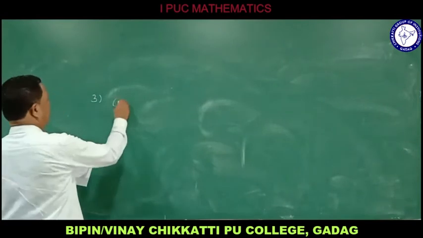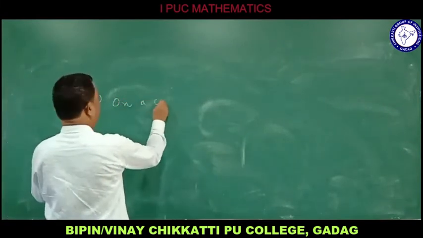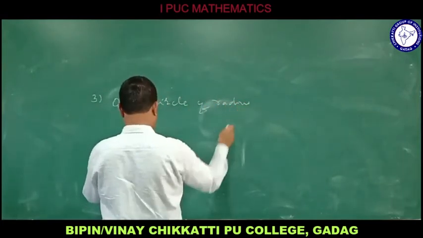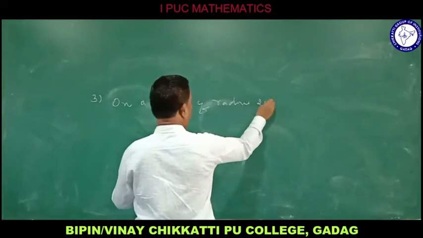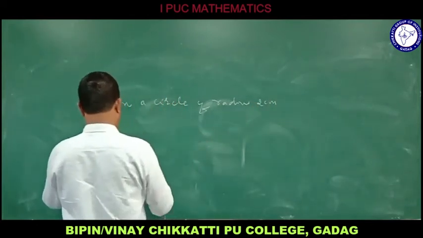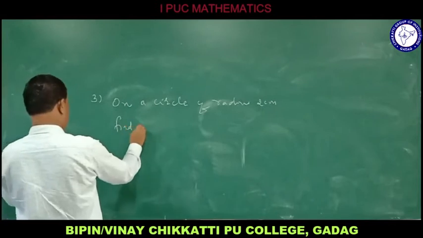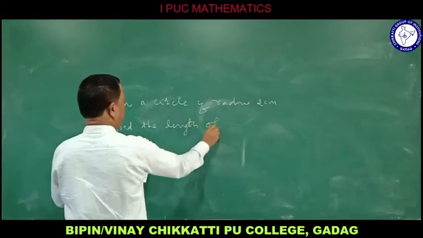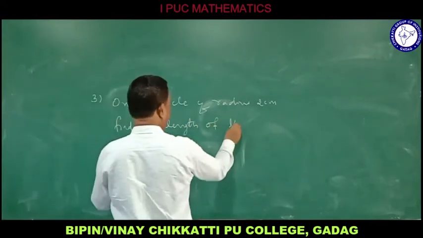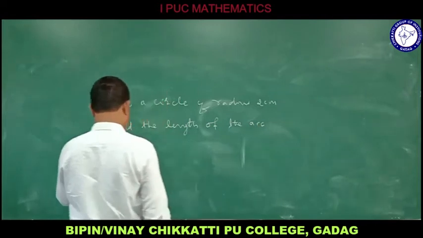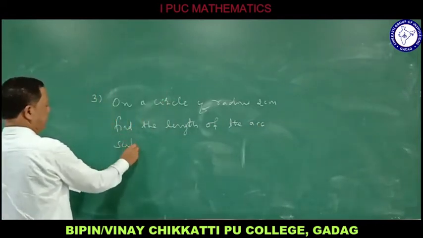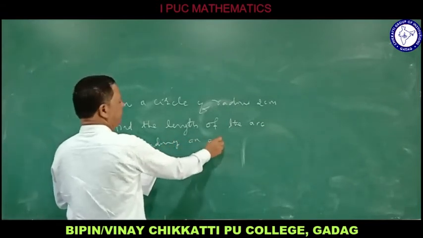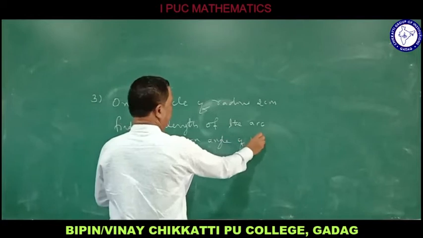Let us see this. On a circle of radius 2 centimeter, find the length of the arc subtending an angle of 15 degree.